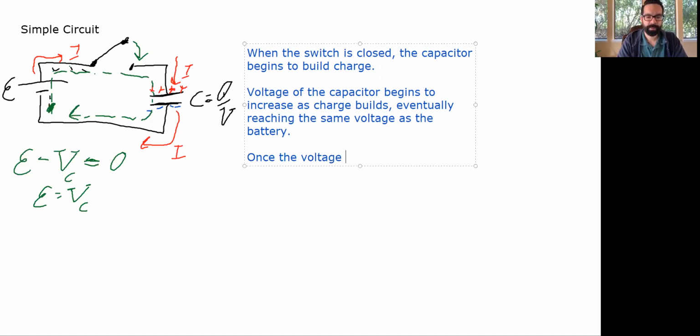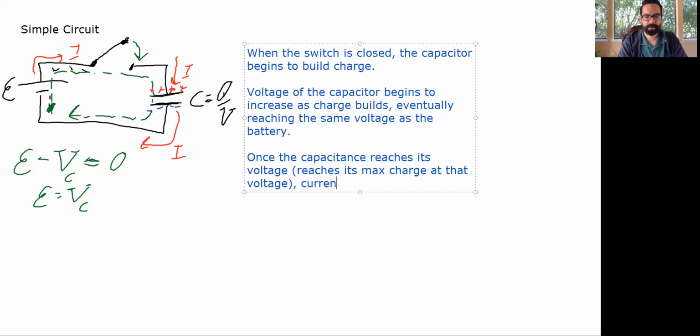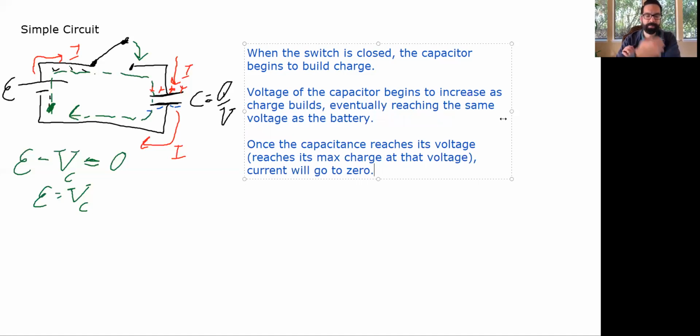So once the capacitor reaches its voltage, in other words, reaches its maximum charge at that voltage, current will stop. Well, it will go to 0. Once that capacitor reaches the maximum amount it can hold, you can't have any more current, because that current would try to put more charge in the capacitor.